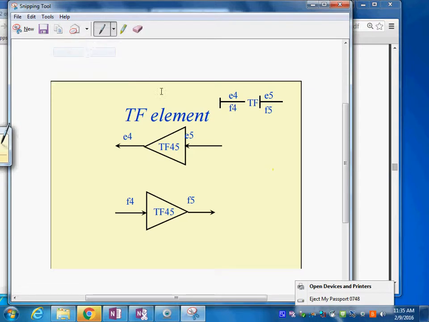What about, for example, the normal electrical transformer, where it affects both the voltage and the current that goes through there? On an electrical transformer, you have a voltage that gets transformed into another voltage.